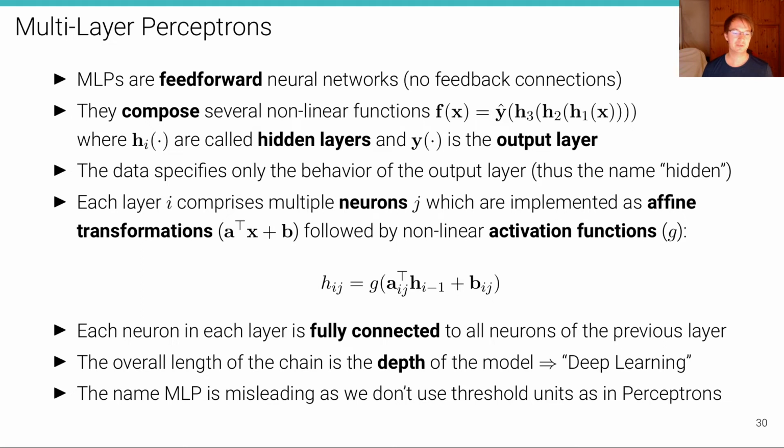So that's why I think it's a little bit misleading to call these perceptrons, because actually neither is the perceptron algorithm used to train them, we train them with backpropagation, nor is the linear threshold unit used, but instead we use an affine plus a differentiable activation function. So it's kind of a smooth approximation of the threshold unit.